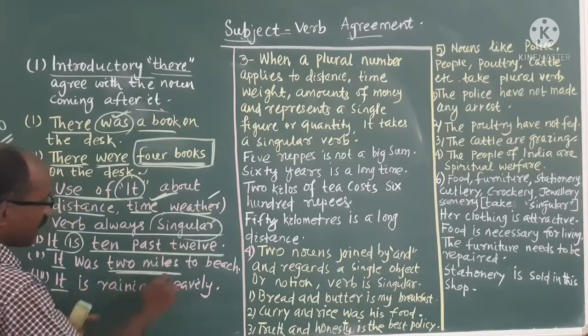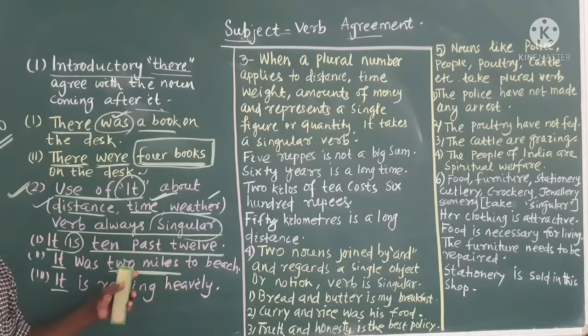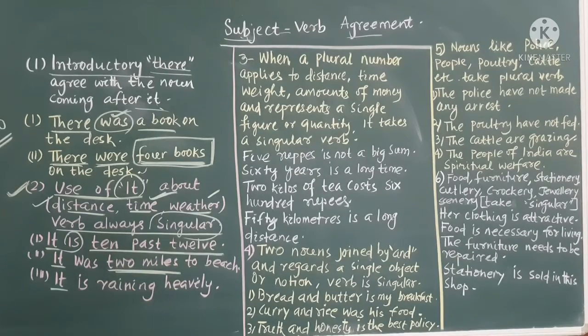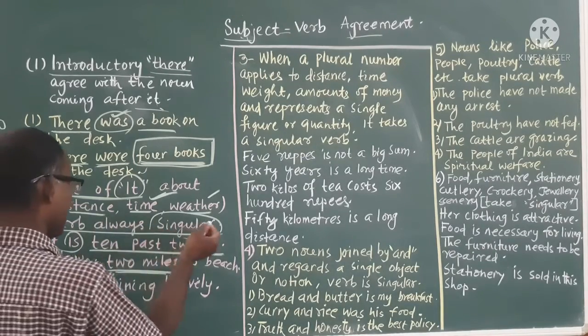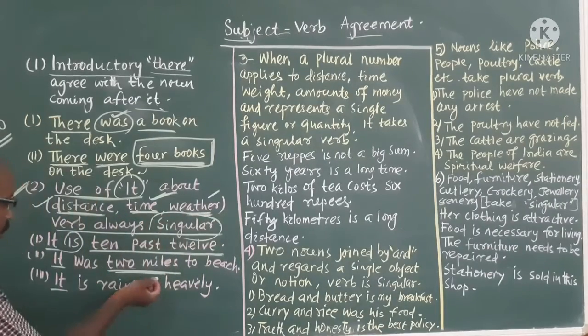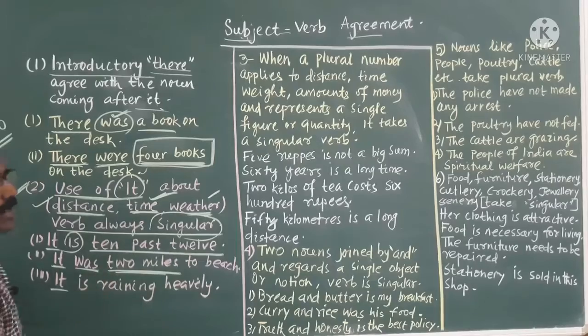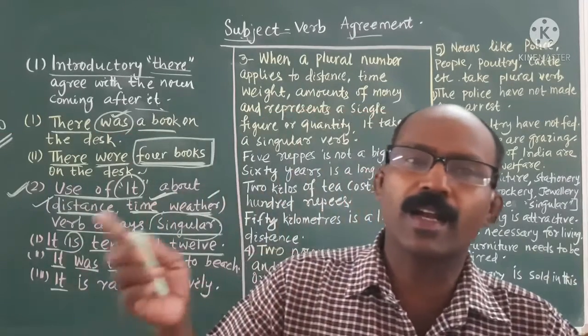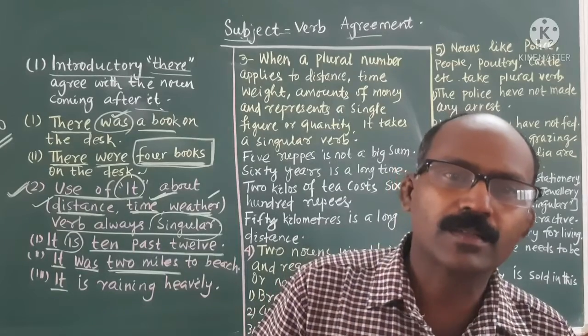2 miles. Sometimes it seems plural to you, isn't it? 2 miles. So you are thinking it is plural. But what does the formula say? The formula says if it indicates distance, time, or weather, it takes a singular verb. So it was. If you write it were, that means the subject does not agree with the verb.